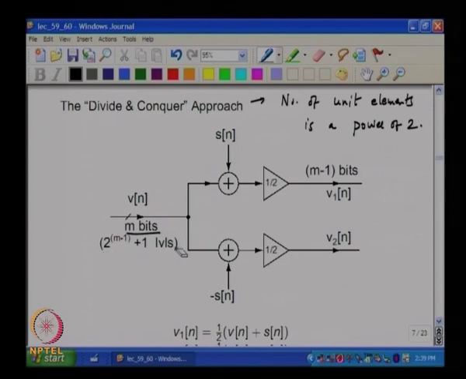Does it make sense? So, let us assume that you have 2 to the m minus 1 plus 1 levels, and the motivation for this is that the number of unit elements is a power of 2, okay. And why, I mean what is the motivation to have unit elements being a power of 2?